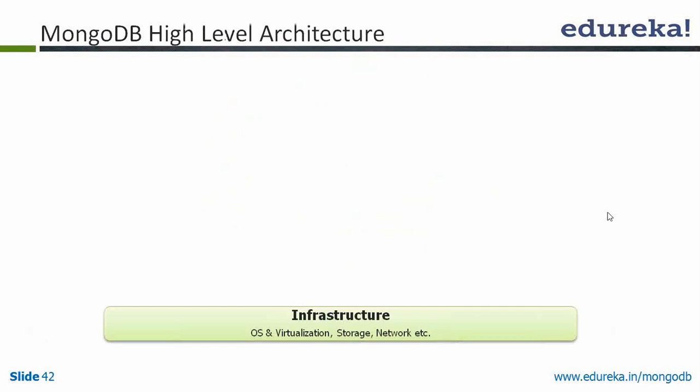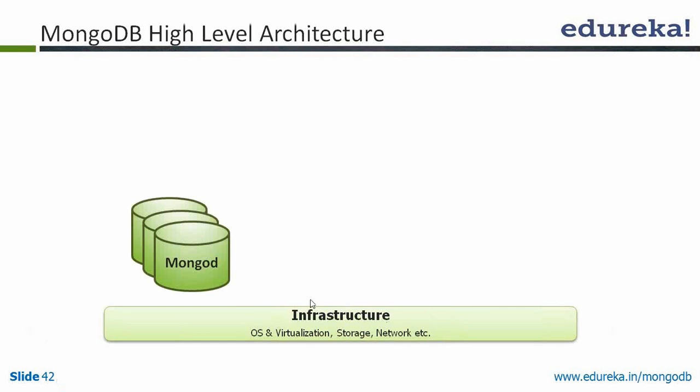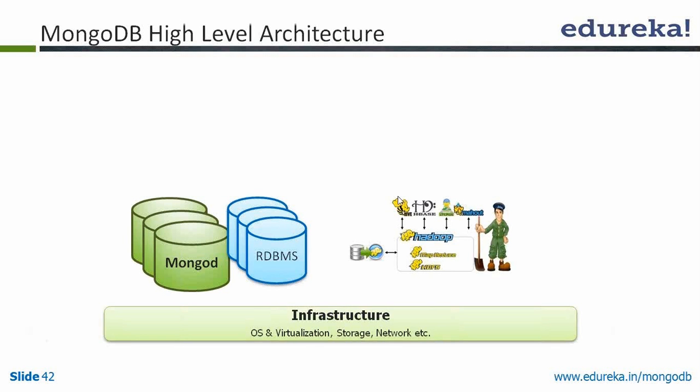Now let's understand the infrastructure, how it works. Let's say you have infrastructure; it could be any operating system or virtualized system or a storage network. Then probably you need to have one database. It could be an RDBMS, or you can use your Hadoop ecosystem or data warehouse system.